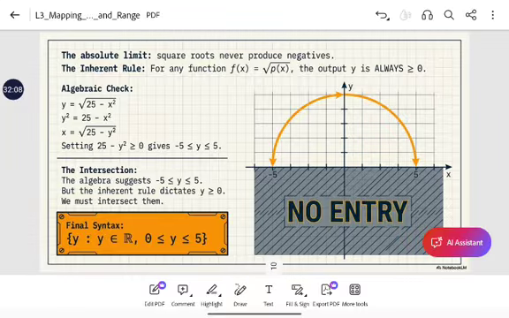Good. So we come to the absolute limit. Square root never produces a negative. Please pay attention. So if there's a negative number under the square root, it's undefined. That is why we always equate it to greater than or equal to 0.